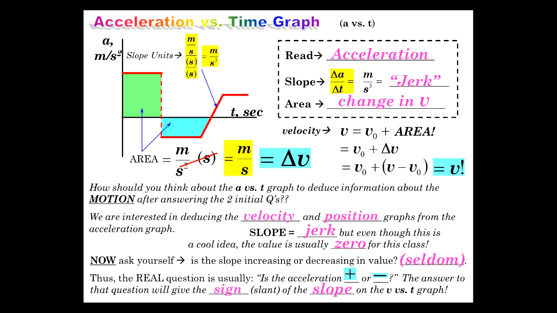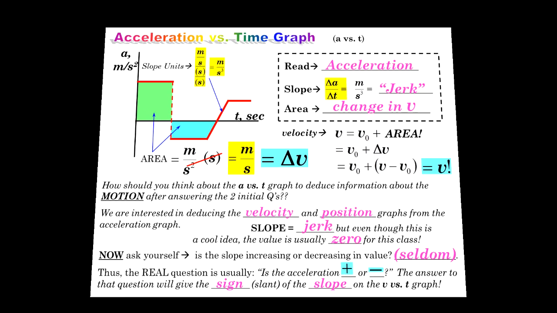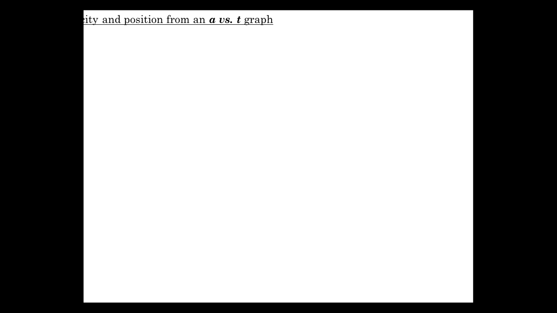So that question gives the sign of the slope on the velocity time graph. So let's consider that for a moment. So just clarifying again that we're really not interested in plotting the jerk graph. We really want to get velocity and position from acceleration.